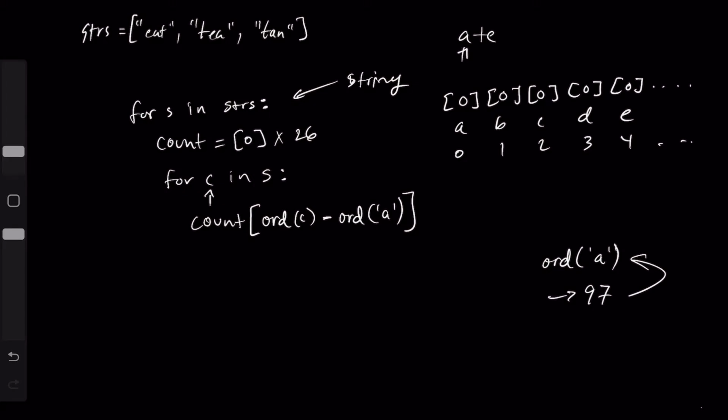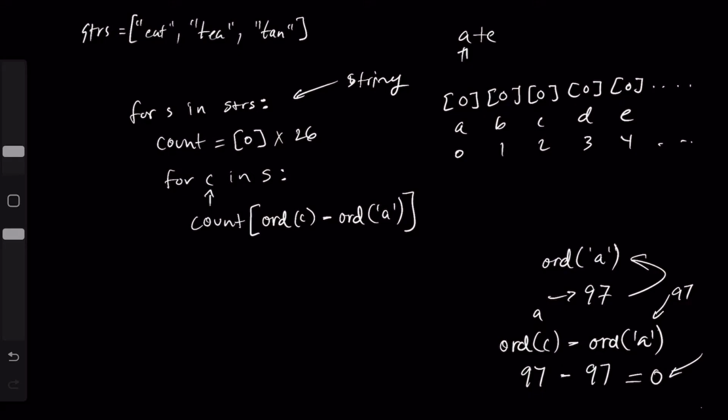How would this look? So c minus the base case, which is A. Let's say c was A. Then we would get 97 minus 97, because A is 97, and we'd get 0, which is the index at the beginning.